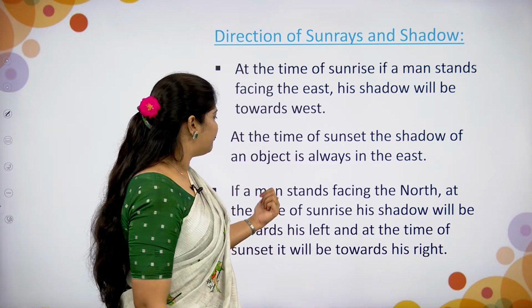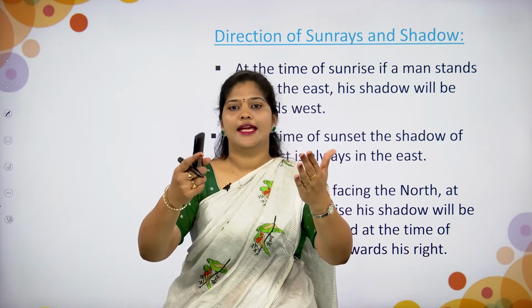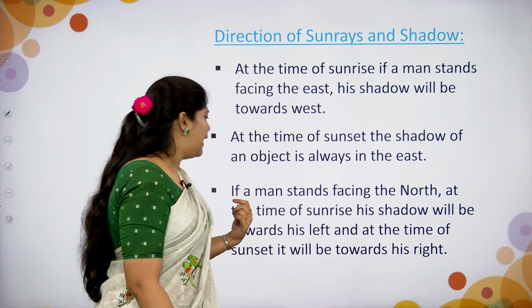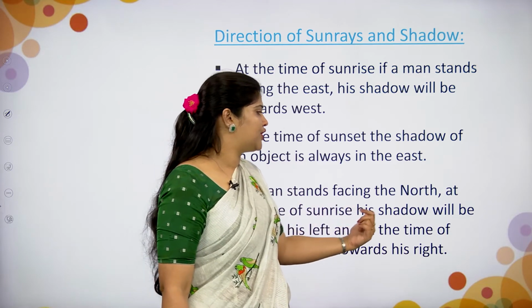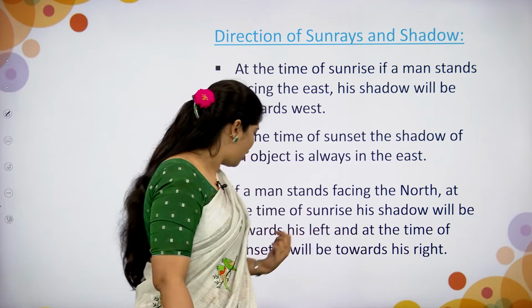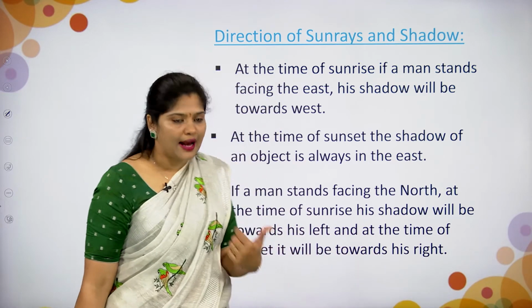Next, if a man stands facing the north, if this is east, this is north. Facing the north, at the time of sunrise, his shadow will be towards his left. At the time of sunset, it will be towards his right.